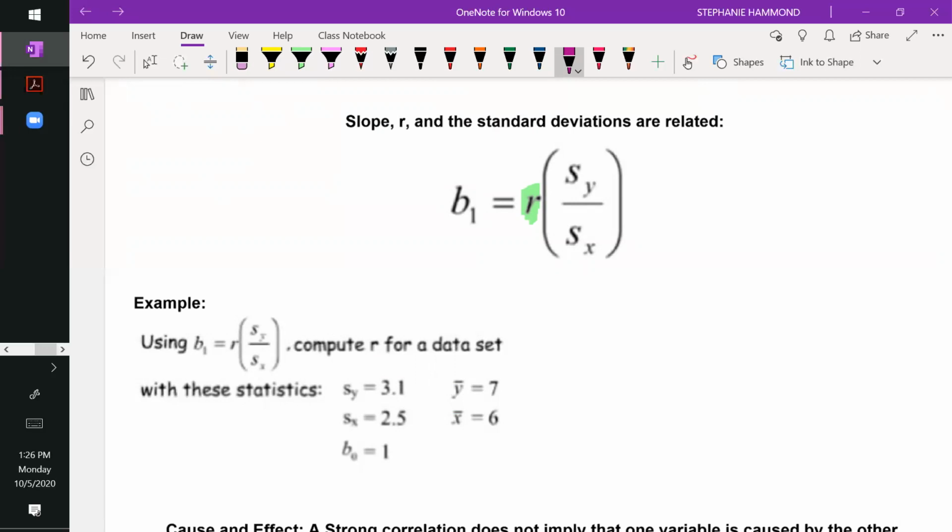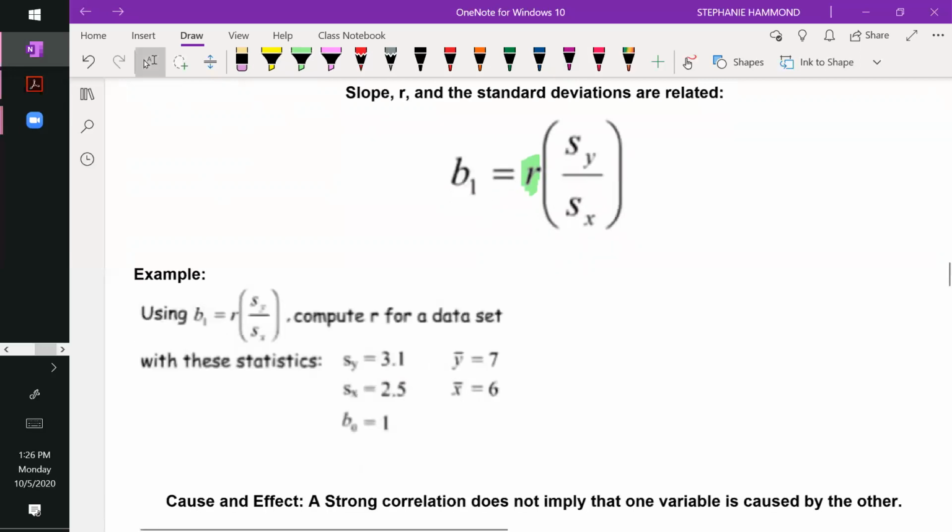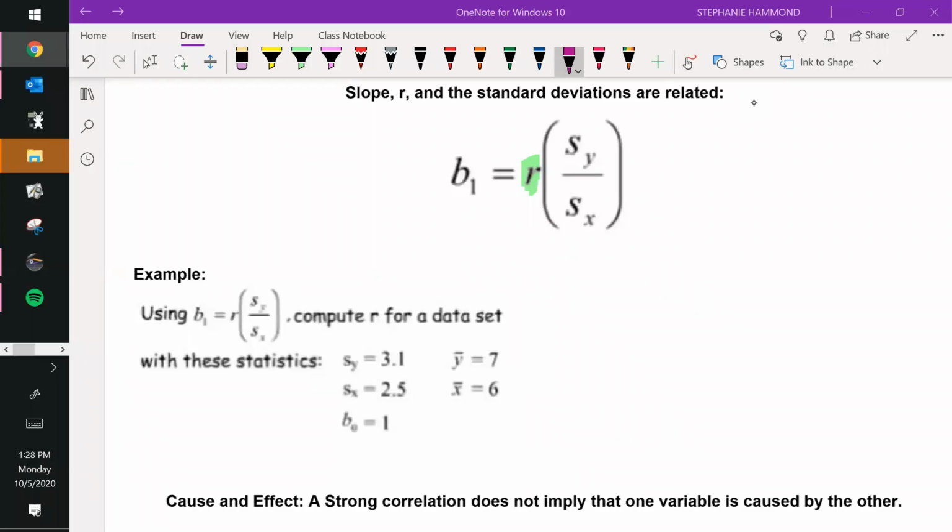So look at this example here. It says compute R for this data set. So I can plug the data that we have into that equation and I should be able to find R. All right, so the first thing you should notice on here is that we don't have B1, we have B naught. So remember, B naught is the y-intercept, B1 is the slope. Another thing to know on here, remember y bar, that's the sample mean of the y values, and x bar, this is the sample mean of the x values.